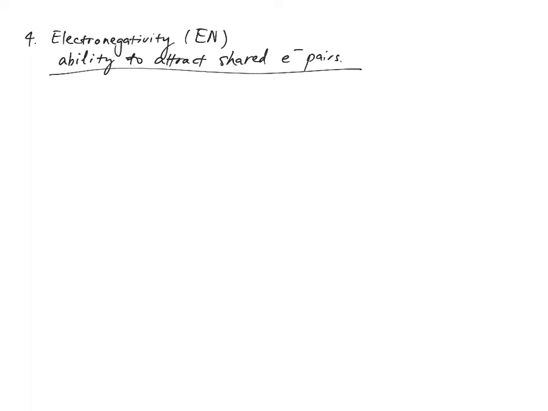This is actually a defined value and not a measurable one. Energies like ionization energy and electron affinity are amounts that you can actually measure. Electronegativity is not a measured value. This is a defined value. People just slap a number onto a given element representing its ability to attract shared electrons.